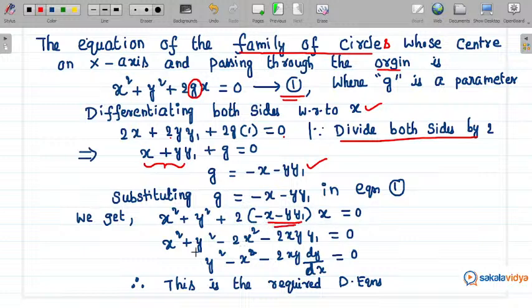So let us open the brackets. x square plus y square plus 2x into minus x, minus 2x square, plus 2x into minus y y1, minus 2x y y1 is equal to 0. Now simplifying, y square, x square minus 2x square is minus x square, minus 2xy y1, where y1 means dy by dx. So this is the required differential equation.